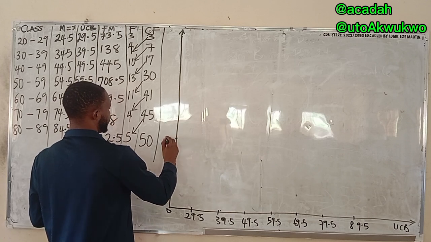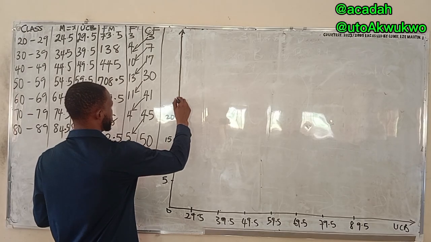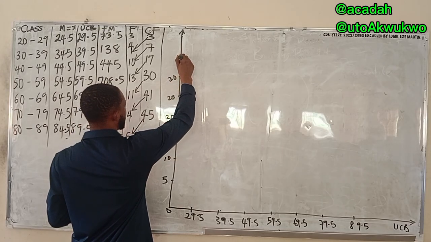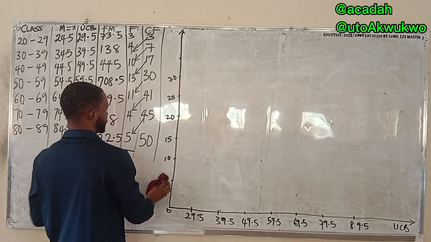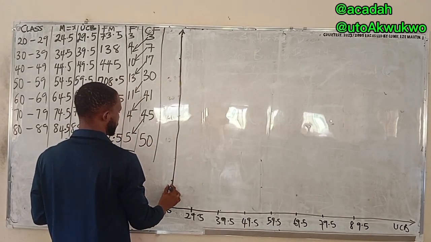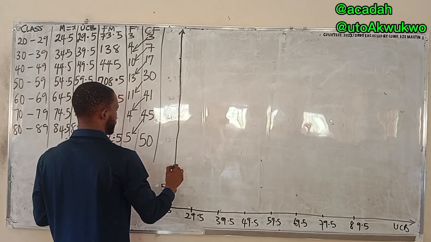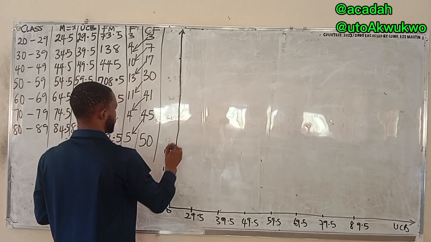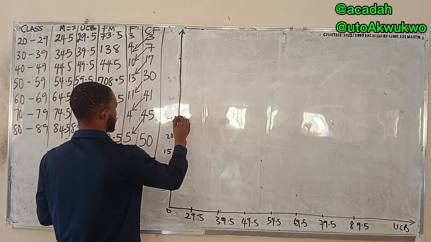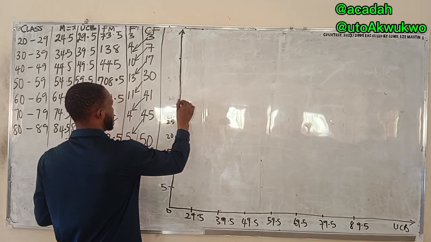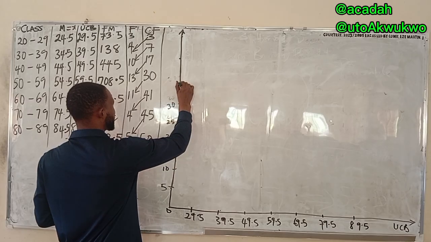So I have, let's start, 5, 10, 15, 20, 25, 30. So if you understood the first one, it's the same way.